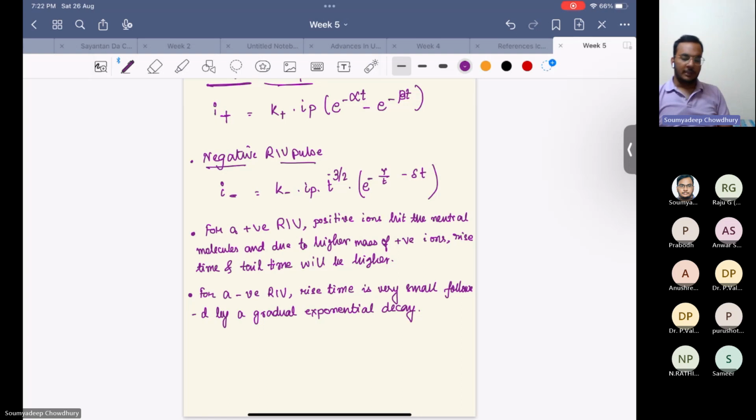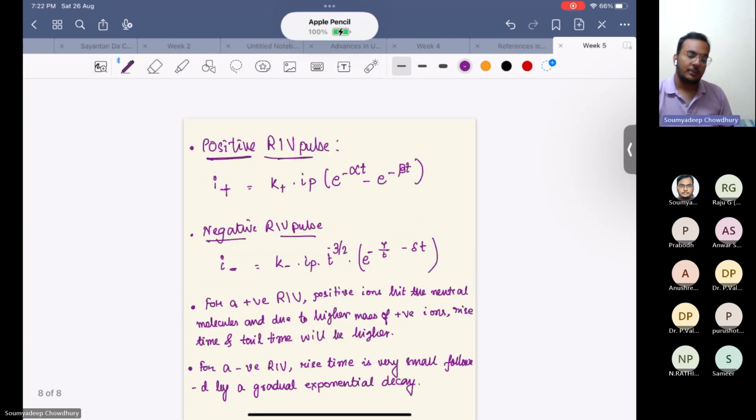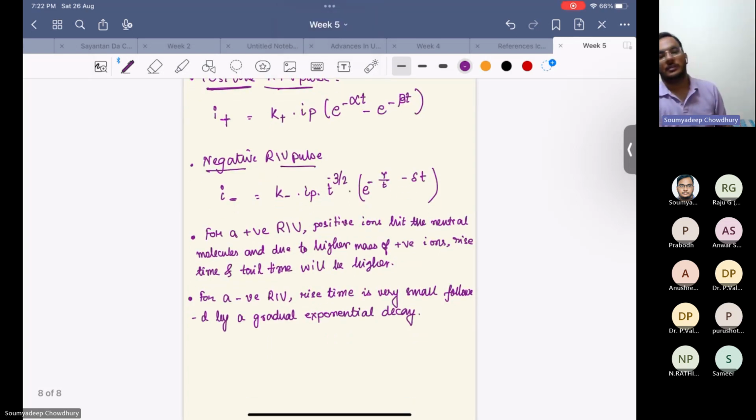I'll repeat it once again. This RIV is generated due to the collision between the electrons, the ions and the neutral molecules. When this RIV signal frequency matches with the power frequency, the frequency at which power is supplied in the transmission lines, the interfering signals will overpower the RIV signal, and that will cause disturbance in the power distribution network.